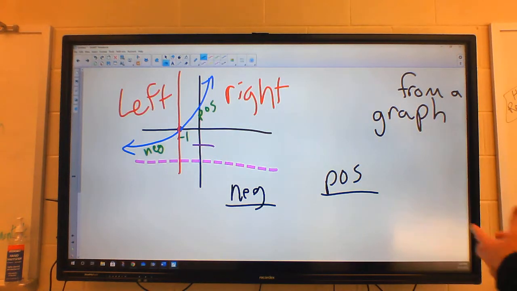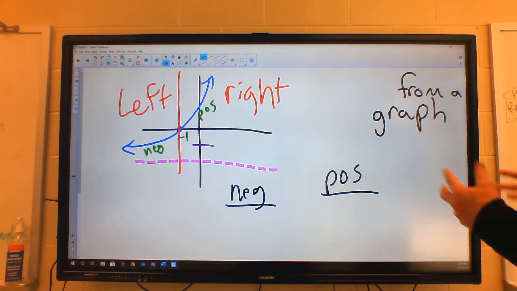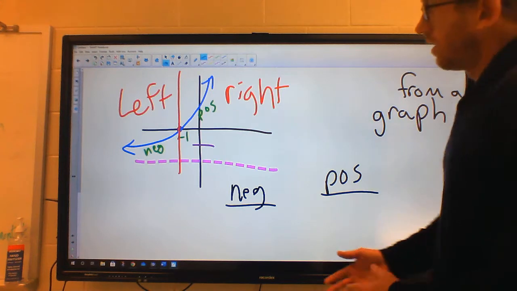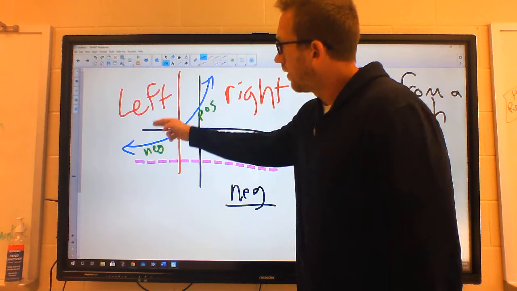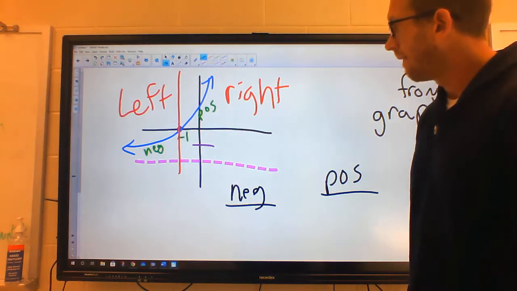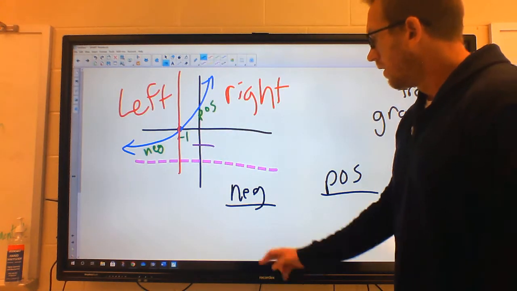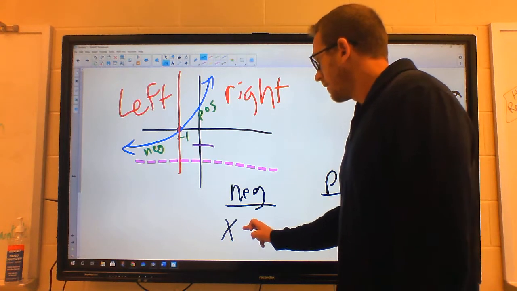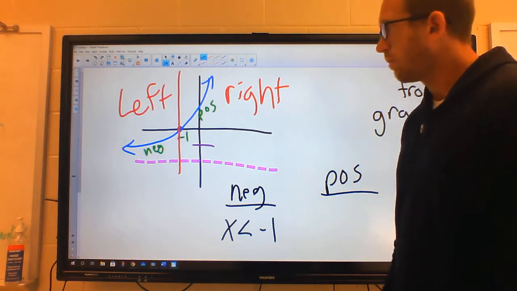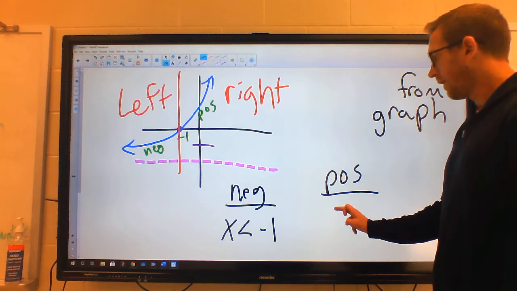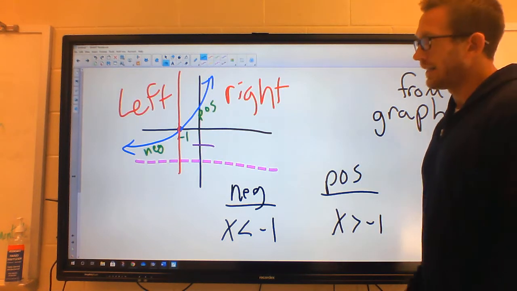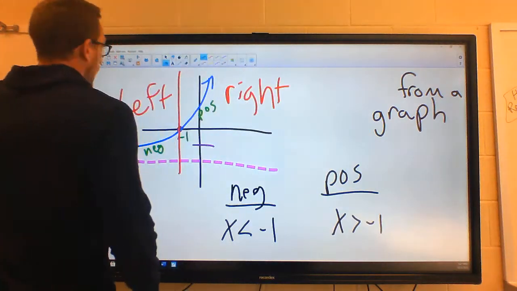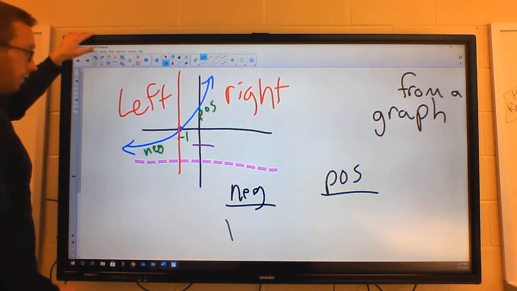Half is going to be positive, half is going to be negative. How do we write which one is which? Well, this one is clearly the negative half because it's below the surface on the left-hand side. How do we write left? Well, x is less than -1. This would be inequality notation, or x greater than -1 means the right half. That's inequality notation.